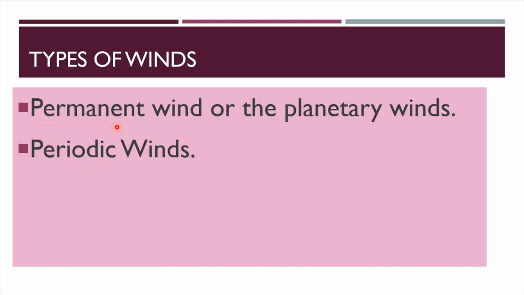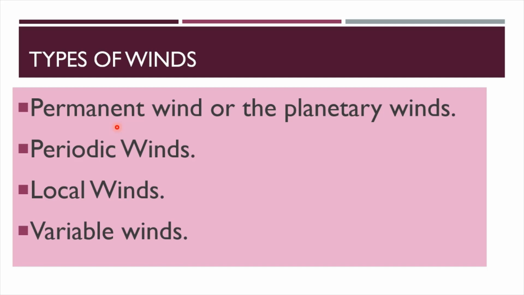Next comes local winds. The name suggests that the wind comes locally, I mean local names are there. These all things we are going to discuss in detail. Only points have been discussed here. The last point is variable winds.